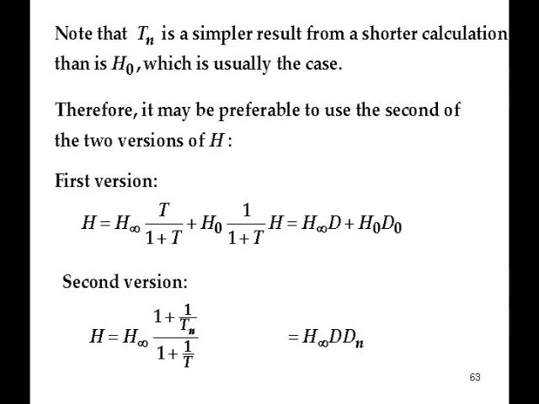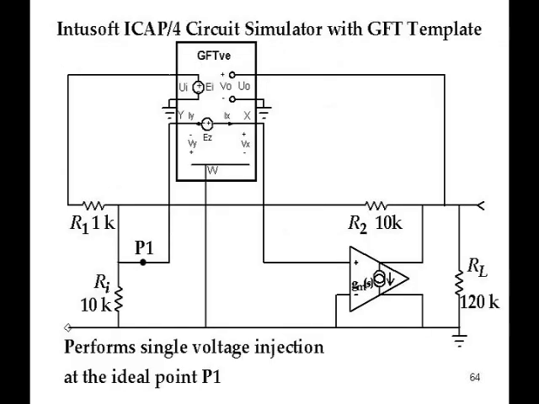Now, how can we actually do this with a circuit simulator? Intersoft has incorporated this injection and nulling technique into their ICAP4 software. And all you have to do to utilize that is take your original circuit that you would analyze in the first place and choose one of the templates that's provided in the software.